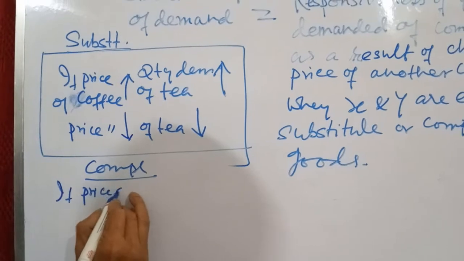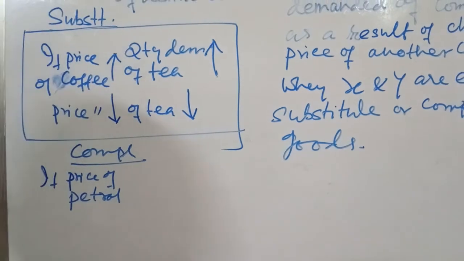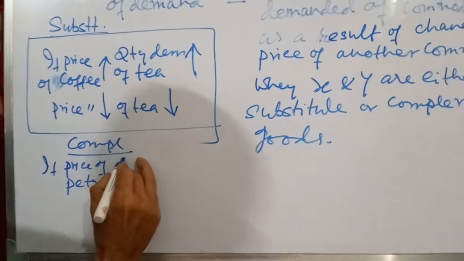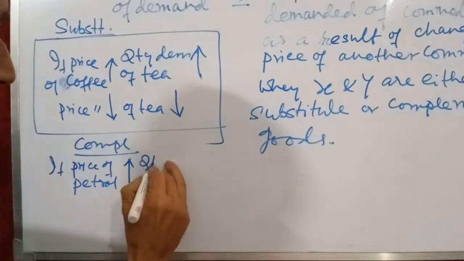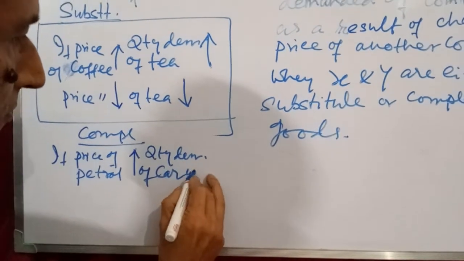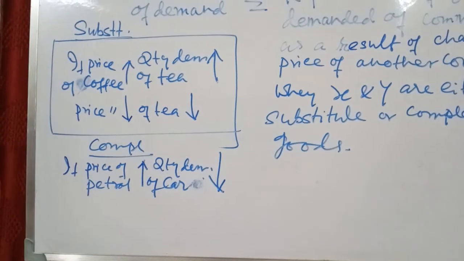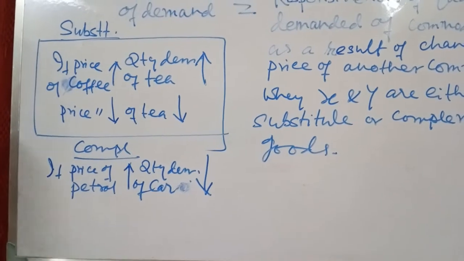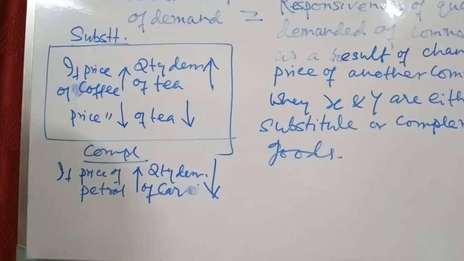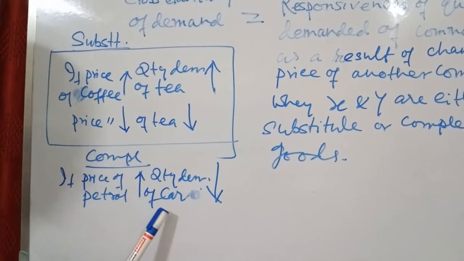If price of petrol or fuel, whatever, petrol or diesel, whatever it may be, price of petrol increases, quantity demanded of car will come down. If price of petrol increases, then the consumers will find running a car more expensive. So quantity demanded for car will fall.